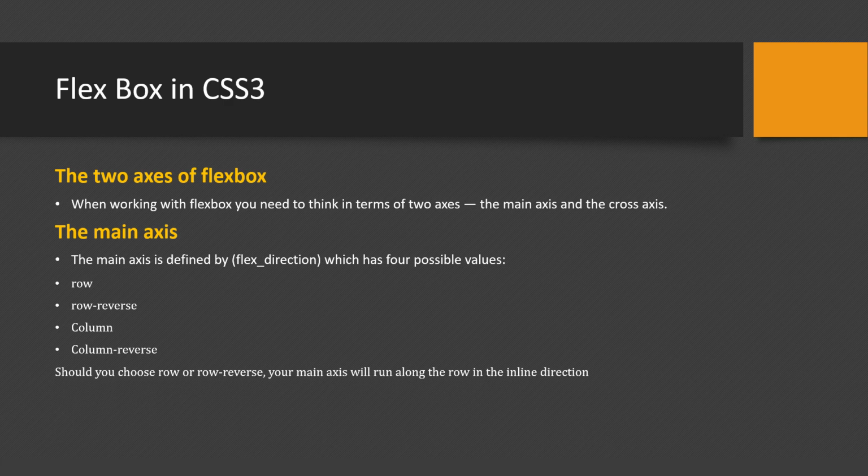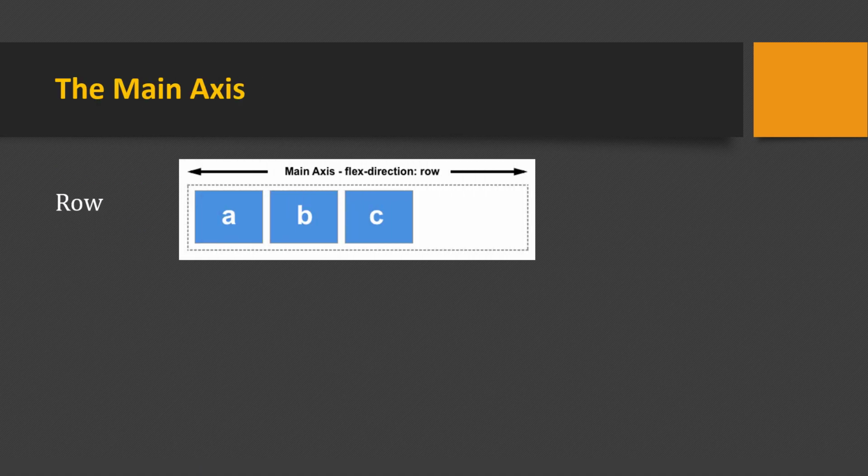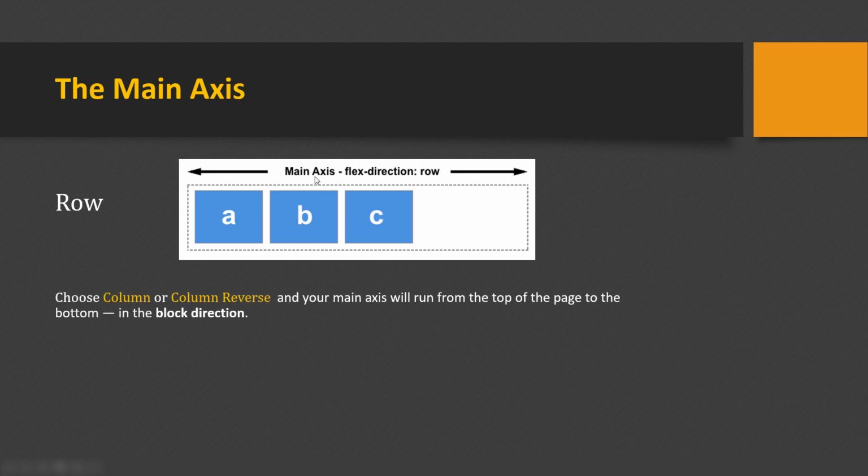Should you choose row or row reverse, your main axis will run along the row in the inline direction, meaning the length of the line, row wise, right? The main axis is like this one. When you assign the flex direction, it will display the content one by one, A, B, C, row wise. It's called the main axis if you define the direction as row, right?